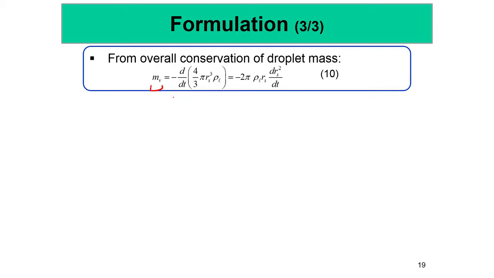The mass of the droplet at any particular time is given by 4/3 pi r cube times rho L, and of course the minus sign comes because the droplet is shrinking. Okay.